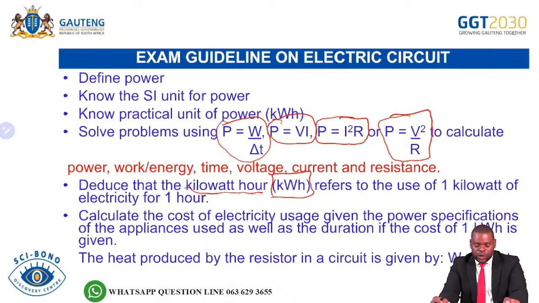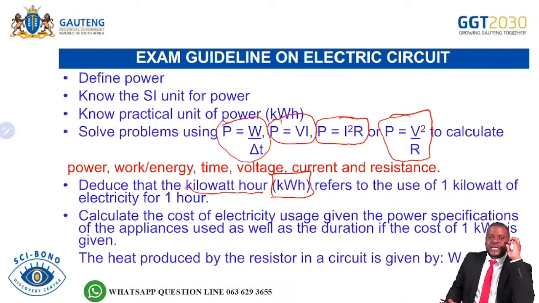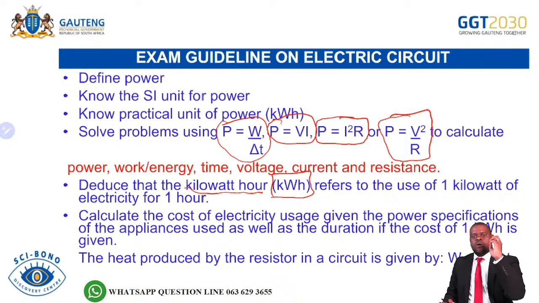And then they said calculate the cost of electricity given the power specifications of the appliances used as well as the duration, if the cost of 1 kilowatt hour is given. We will give you the cost for 1 kilowatt hour, and then you are able to calculate the cost of electricity.